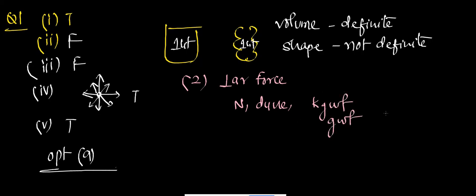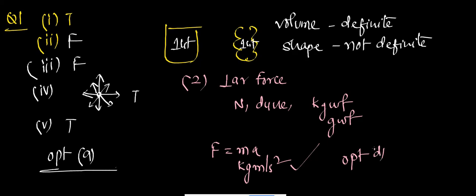So these are all the different units. Option A correct, option B correct. And if you take the formula F = m × a, mass is kilogram, acceleration is meter per second square. So this is also the unit. So what is the answer now? Option D. All of these is the answer.